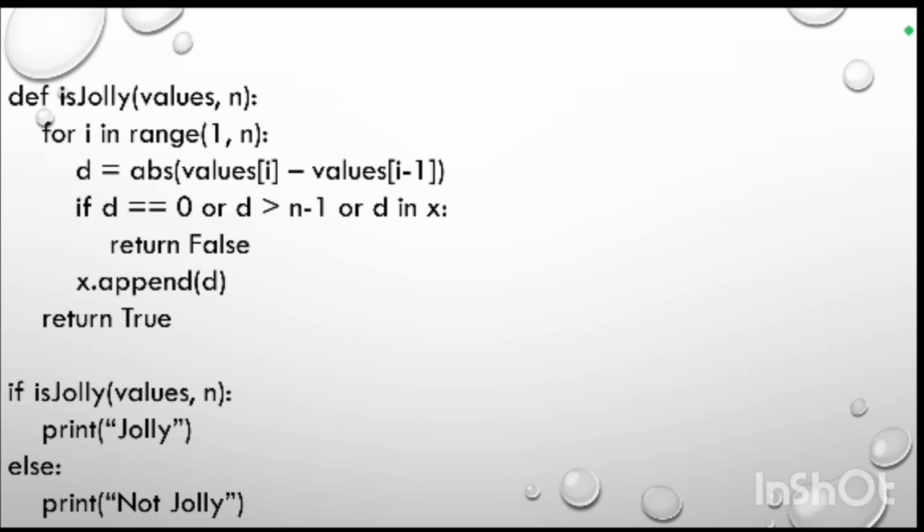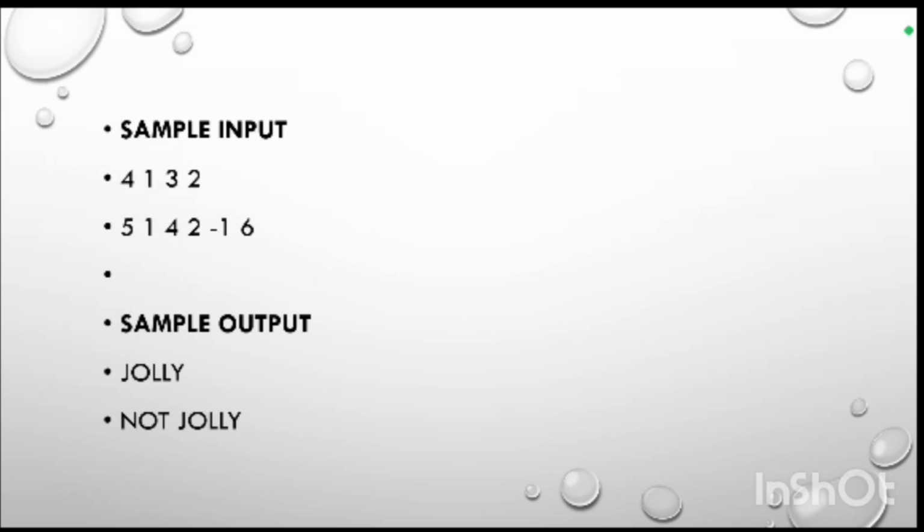Third condition is d in x. x holds the entered differences, so if it already exists, then it is also not allowed because duplicates are not allowed. So if any of these three conditions applies, then it returns false, and otherwise it appends d, to keep track of these differences and check for duplicates later.